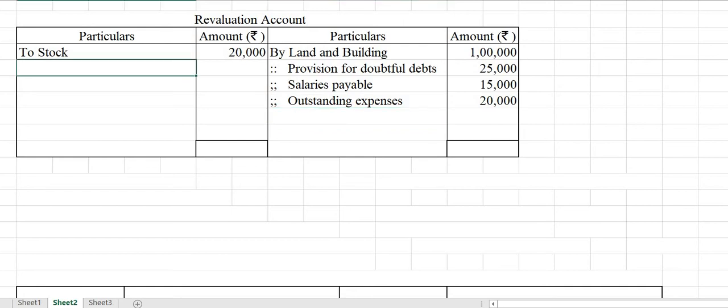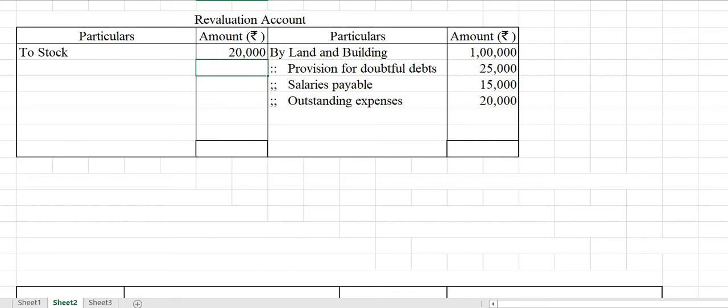Now next comes B was to carry out the revaluation work. For that he will get a remuneration of rupees 10,000. For that, whatever expenses are there, he has to meet.